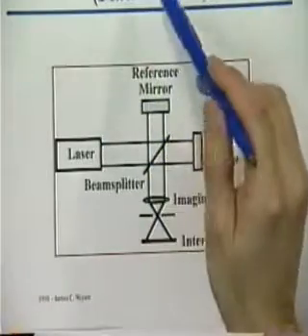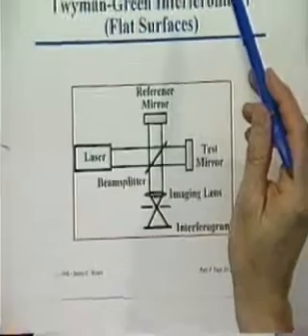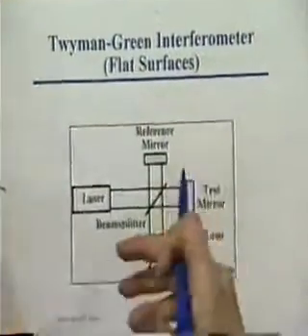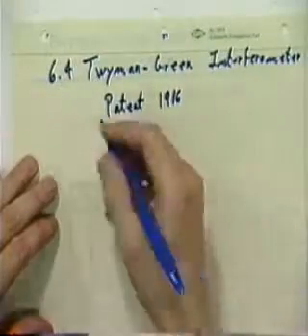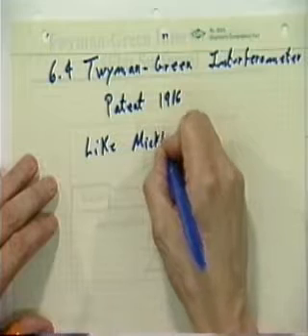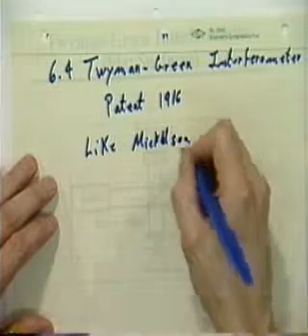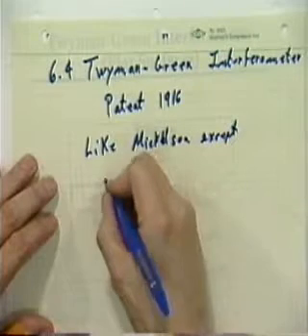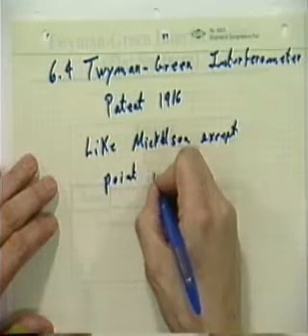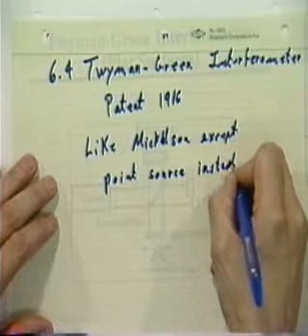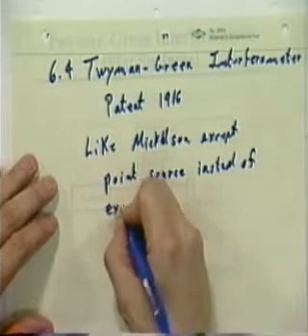But the Twyman-Green is just a Michelson where we use a point source instead of an extended source. I'll write that down here. Like Michelson, except point source instead of extended source.